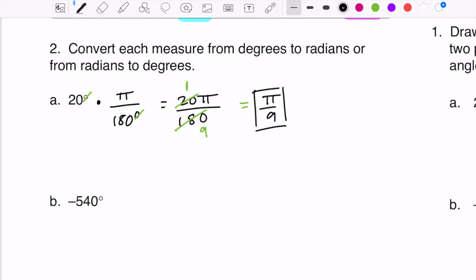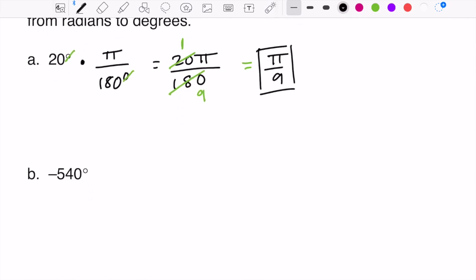Okay, negative 540 degrees. So negative 540 degrees, we're going to go to radians. So we're going to times this by pi over 180. Again, we know we want the degrees in the denominator, so that cancels. So we end up with negative 540 pi over 180.